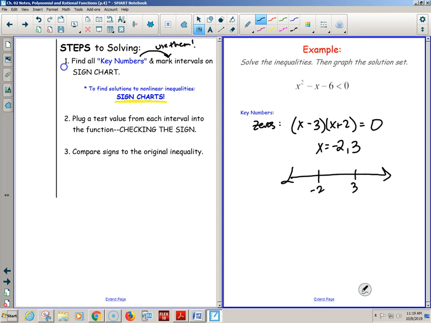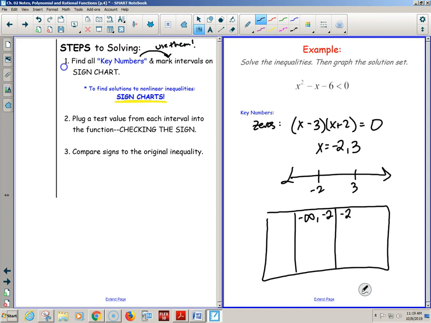But technically what you're doing is you're splitting the domain of the original function, negative infinity to infinity. You're splitting it up with those key numbers, and you're making intervals. Now, it depends on the inequality as to whether these are going to be open or closed. The nice thing is the infinities are always open.